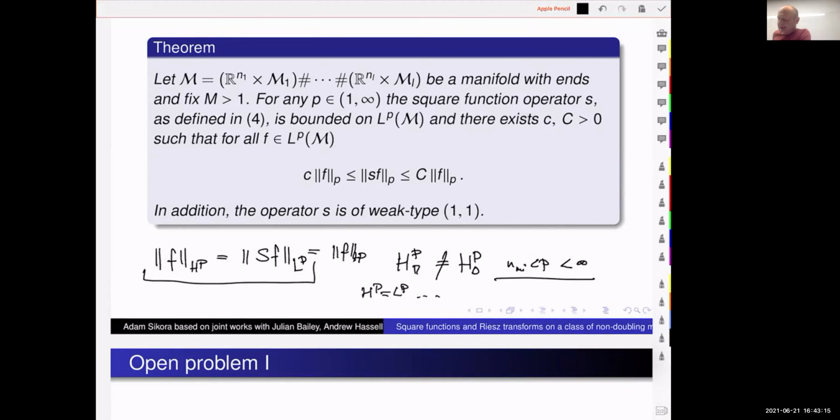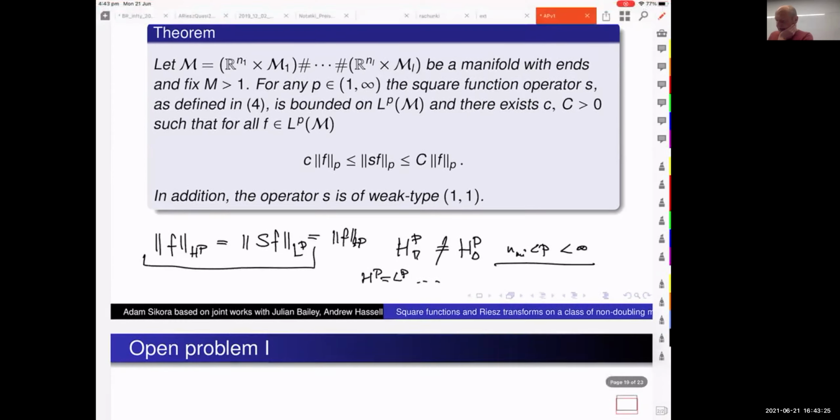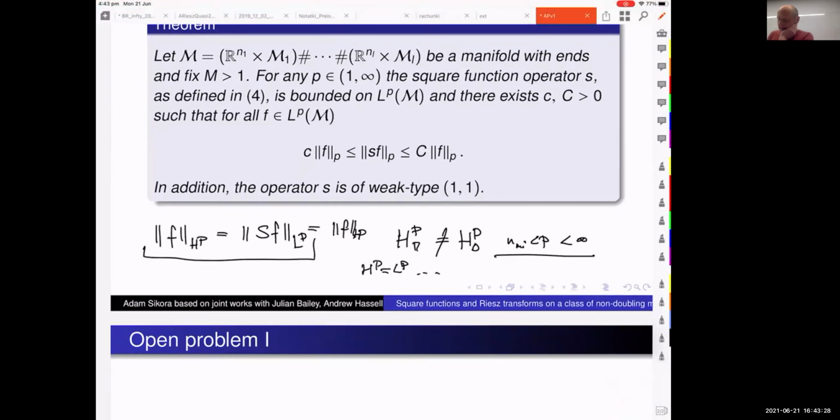If we talk about the standard operator, this is true for all p. A very interesting case is p equals 1, because then this Hardy space is not equal to L^1. But you still have results which say that H^1 is not equal to L^1, but the Riesz transform will be bounded from Hardy spaces to L^1 space, right?